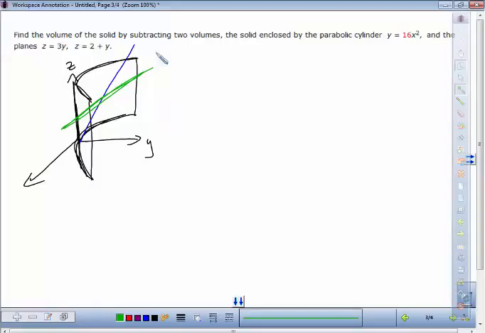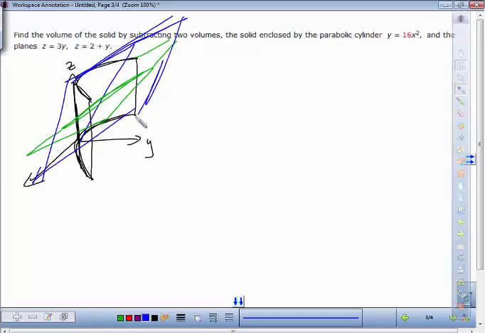Wow, this looks crazy. Probably too much, huh?